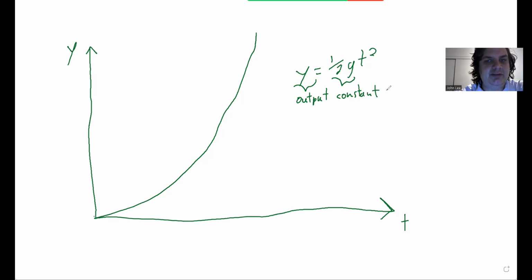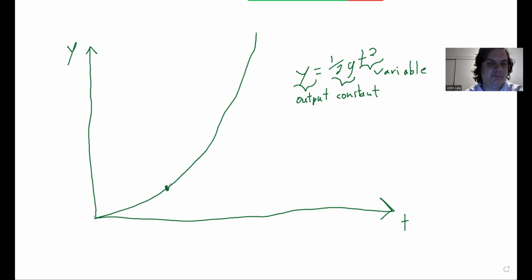So these aren't variables. These are just constants that change the units so that they're what you expect. And t is our variable. So for any given time period, this equation, y equals 1/2 gt squared, gives us a value for y.